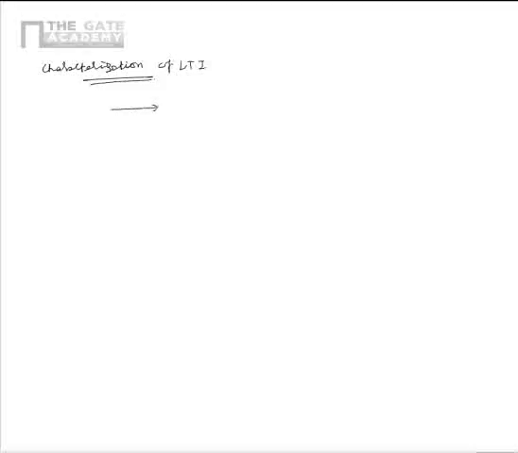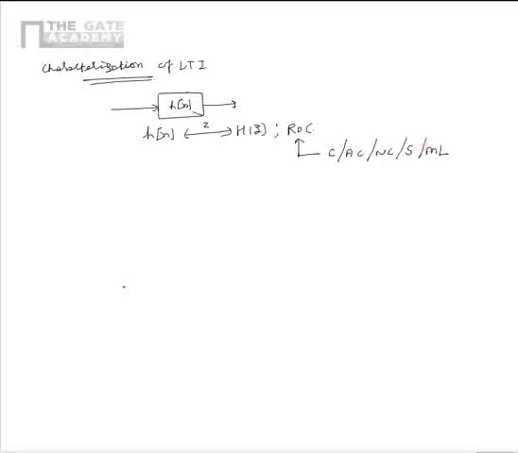Suppose there is an LTI system of impulse response h of n, then the z transform of the impulse response h of n is given as say H of z, and let the corresponding ROC be R. So based on the ROC of the LTI system, we can characterize the same for causality or anti-causality or non-causality or stability or memoryless properties.